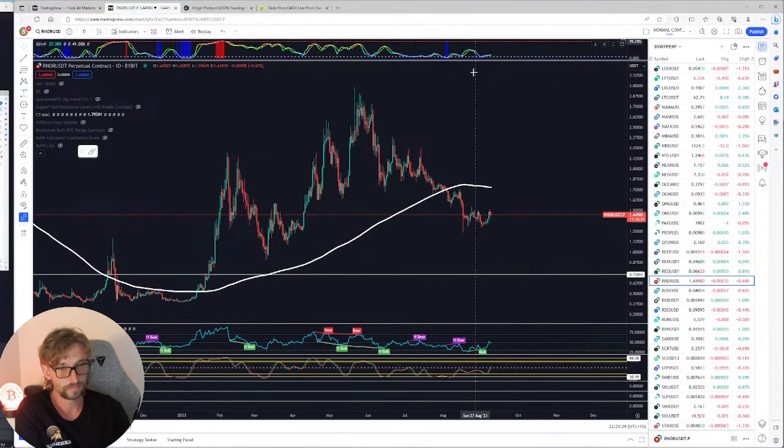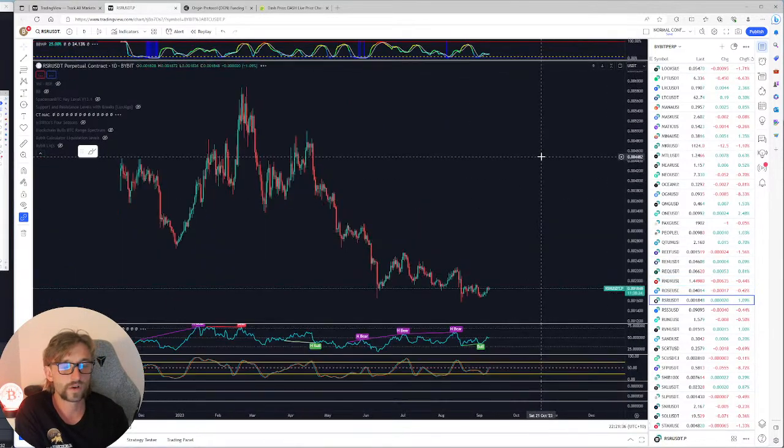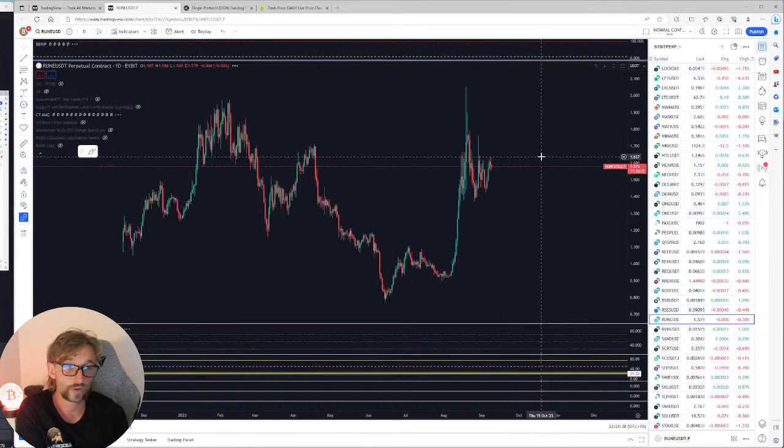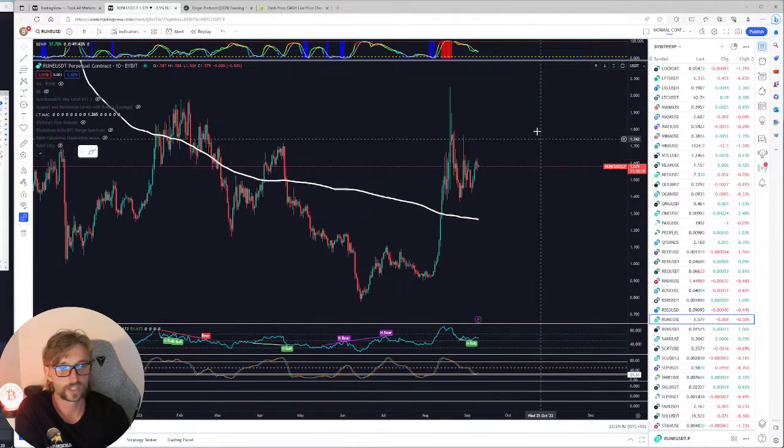Man, like I said, range low, comes down, wicks down, closes back up in the range. Where's that? Not seeing anything worth longing at all. Rune. It's a weird chart, really, isn't it?